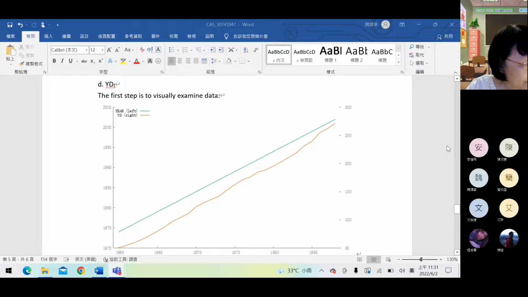What are the three characteristics of stationary? If we look at our textbook, page 395, there are three characteristics. One is the mean is constant over time. So in this one, the mean is not constant over time, it's trending up and going on and on.